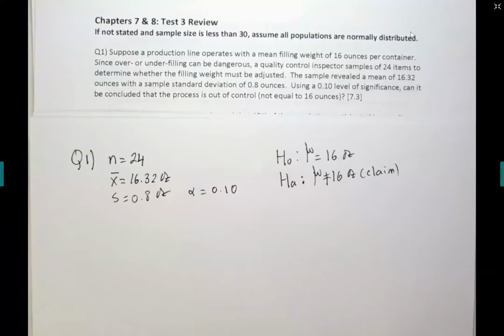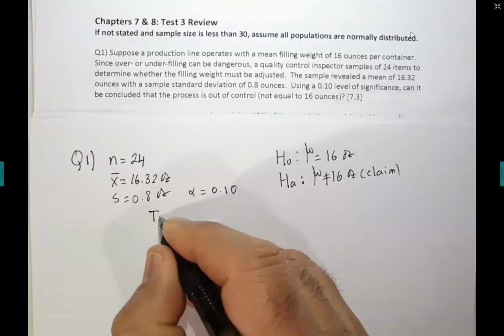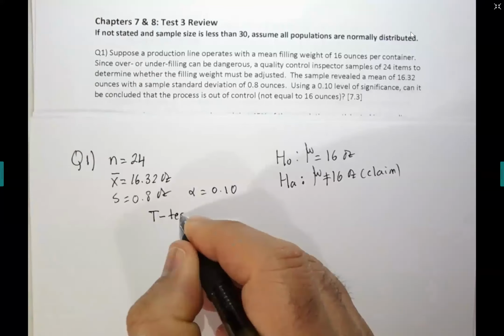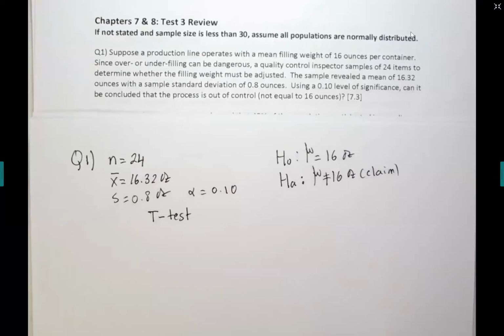This is our claim. And I think, guys, it is obvious that this is going to be a t-test. It meets the t-distribution requirements. So we're going to run a t-test.